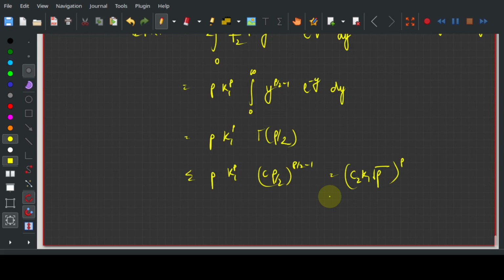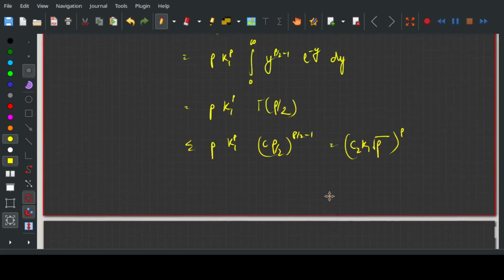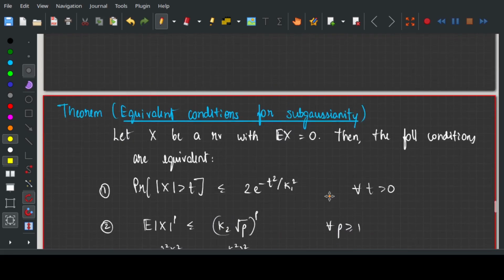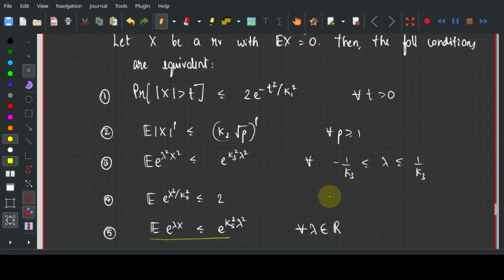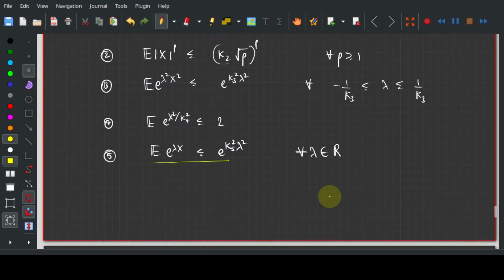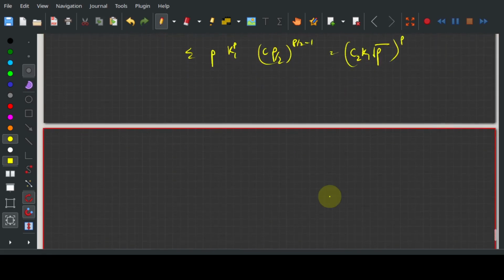Any questions? Okay, so now let's try to prove the third statement from the second statement. If I'm able to prove that the second statement implies the third statement, then it also implies that the first statement implies the third statement.